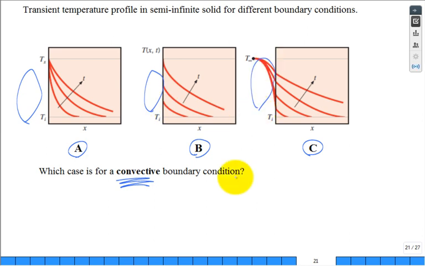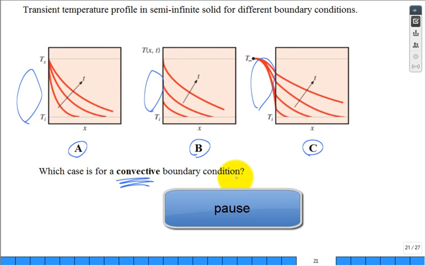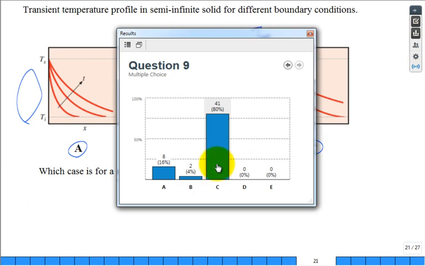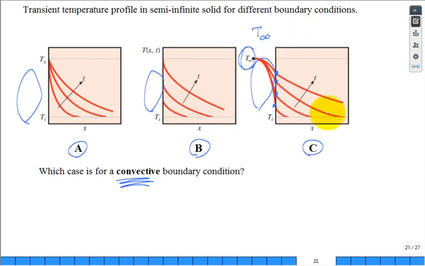So is it A, B, C showing a profile for convective boundary condition? Well, sometimes I wish the fonts were a little bigger, but here's a big hint. What is that? T infinity. And then notice that the surface temperature is changing. So basically, case C is the convective boundary condition profile.